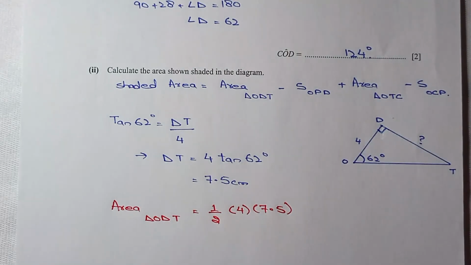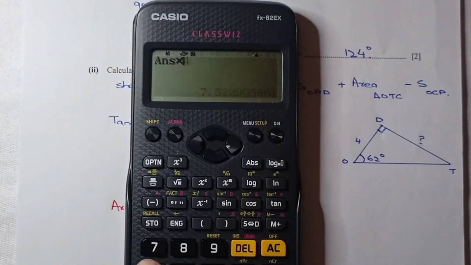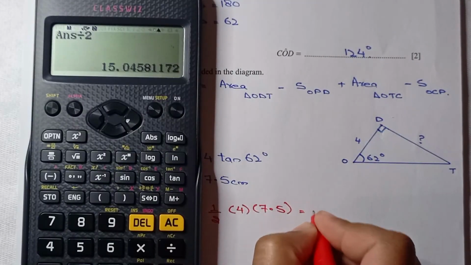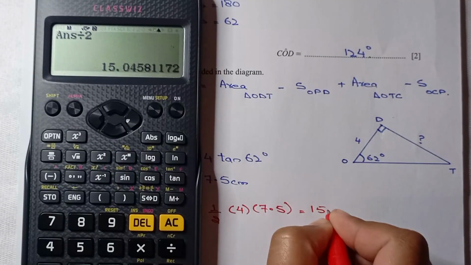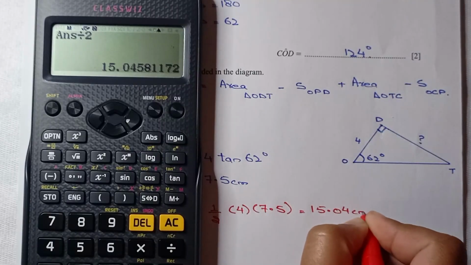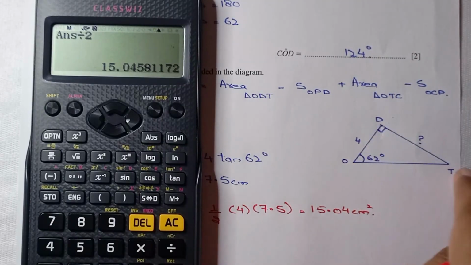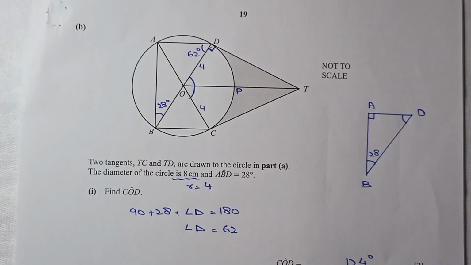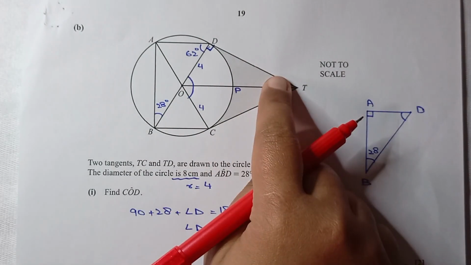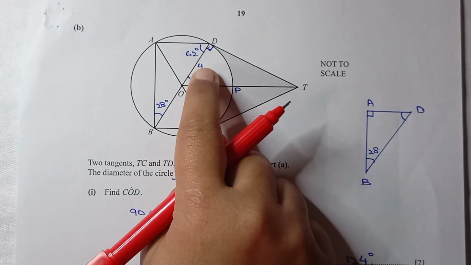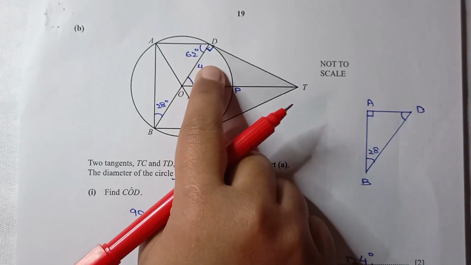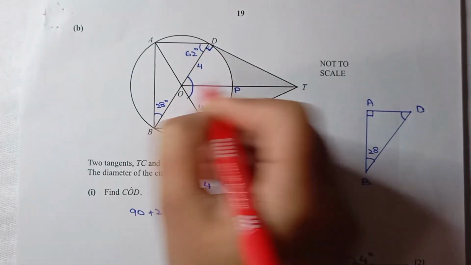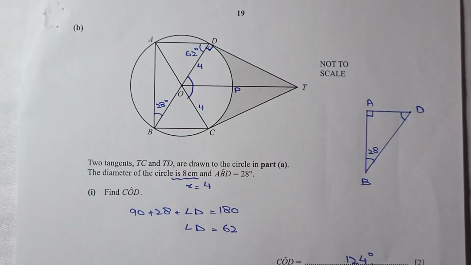So this is going to multiply with 4 and divide by 2, so it would be 15.04 centimeter square. So this is the area of the triangle. But if we can see in the diagram, the whole triangle is not shaded. The sector is not shaded, right? So we need to subtract this area of a sector to get the shaded area.